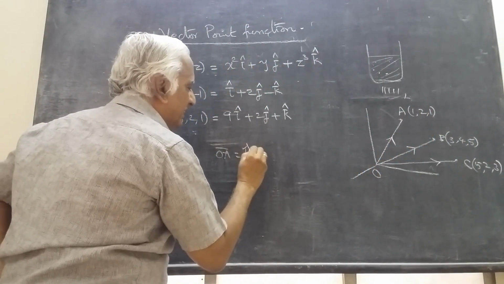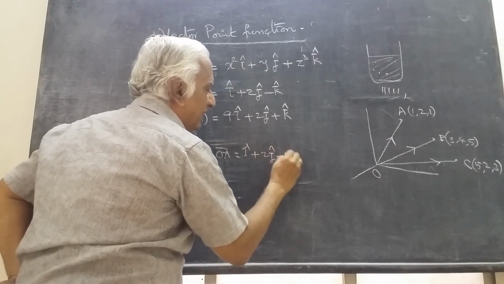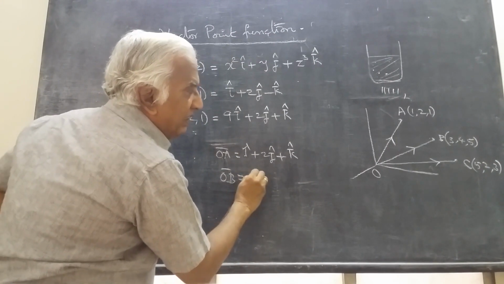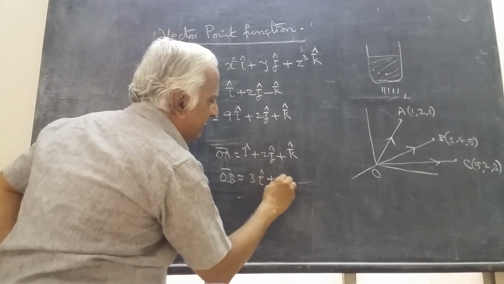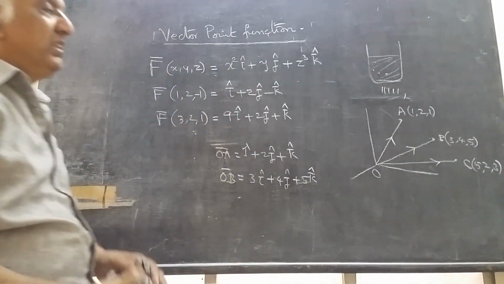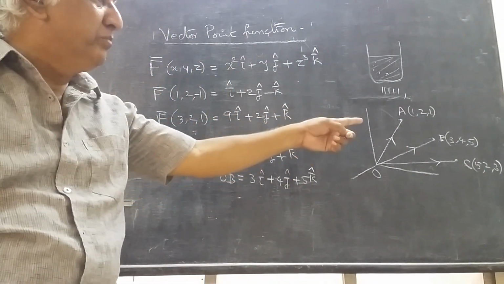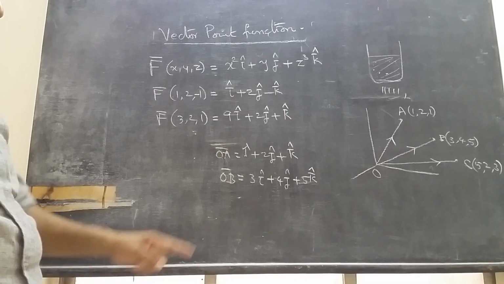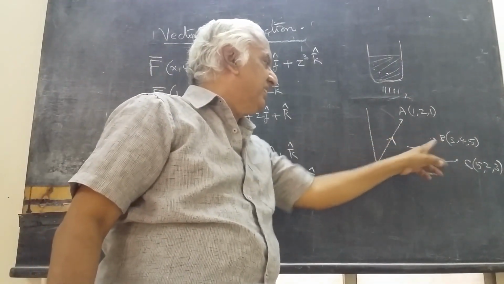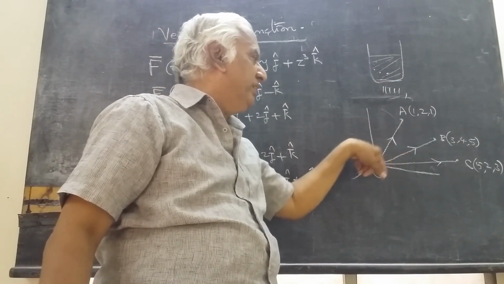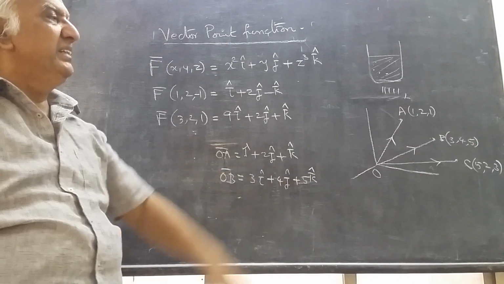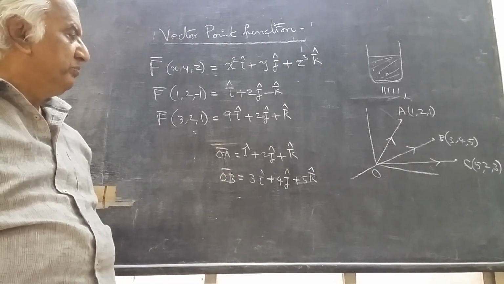What is the OB vector? 3i plus 4j plus 5k. Similarly, what is the OC vector? 5i plus 2j plus 3k. So as the point changes, the vector changes. OA vector, OB vector, OC vector are all position vectors of A, B, C. This is a vector point function.